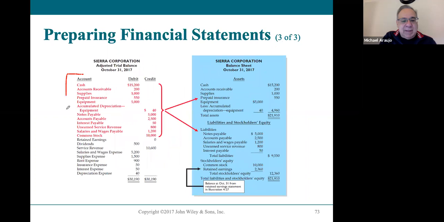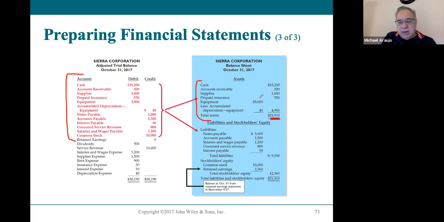Now what we have is all the information remaining goes on the balance sheet, right? Assets are listed first. The order you see them here is the order you would see them on your balance sheet. Total assets of $21,900.